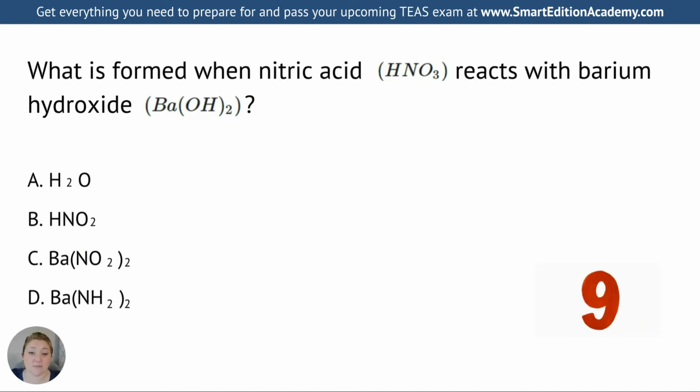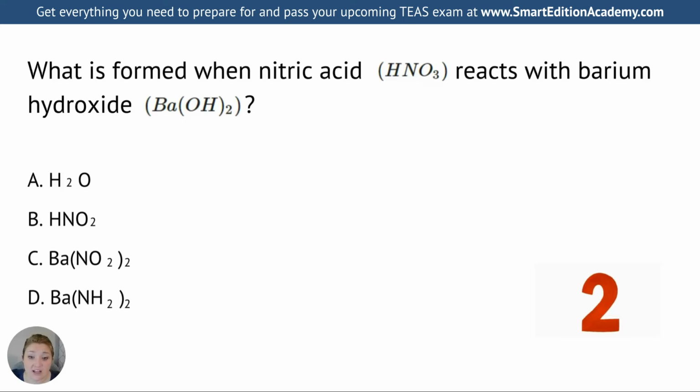All right, here's our next one. What is formed when nitric acid reacts with barium hydroxide? So we have an acid and a base. When we combine an acid and a base, we get neutralization, and our products are a salt and water.